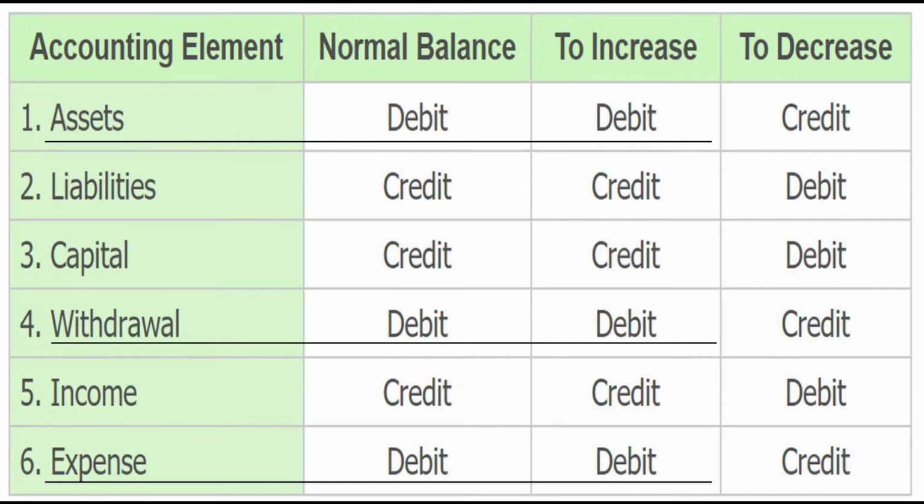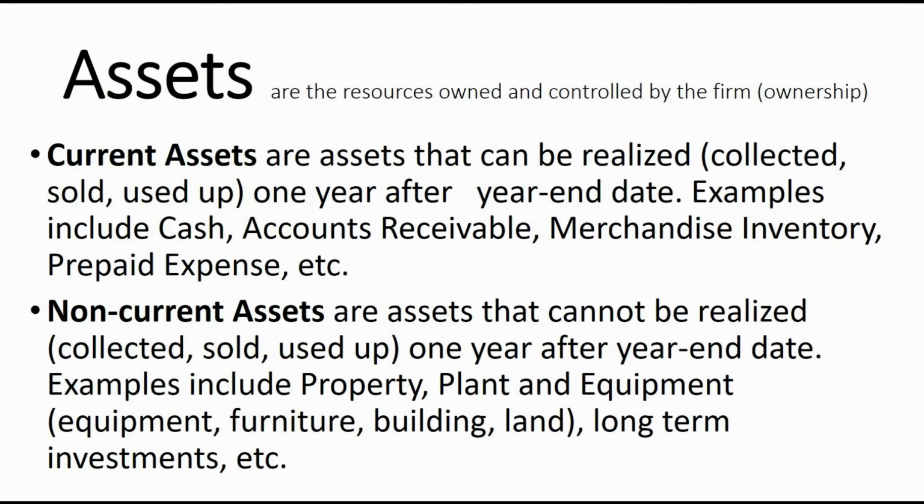So, let's learn more about asset. Assets, again, are the resources owned and controlled by the firm. Meron tayong dalawang klase. We have the current assets and non-current assets. Pag sinabi natin current assets, these are assets that can be realized 1 year after year-end date.